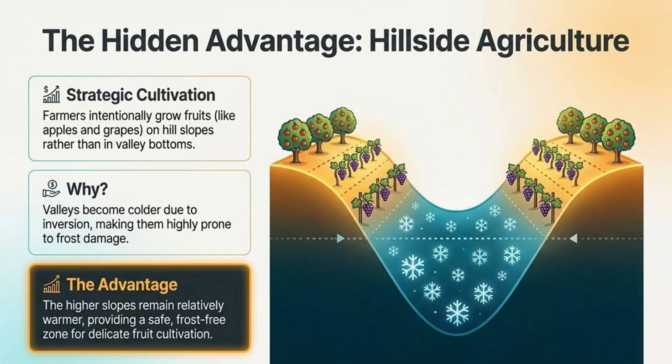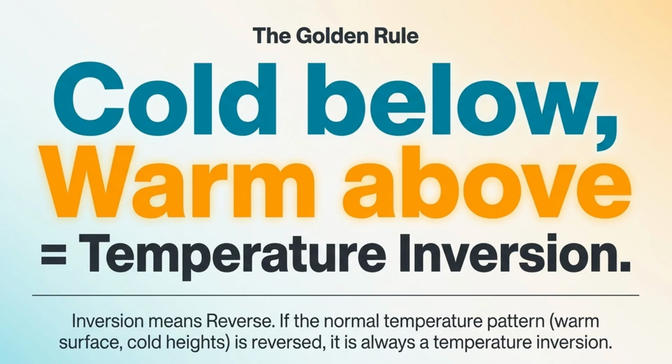Cold air settles at the bottom like water. Hill slopes stay warmer. So apple and grape orchards are planted on slopes instead of the valley floor.